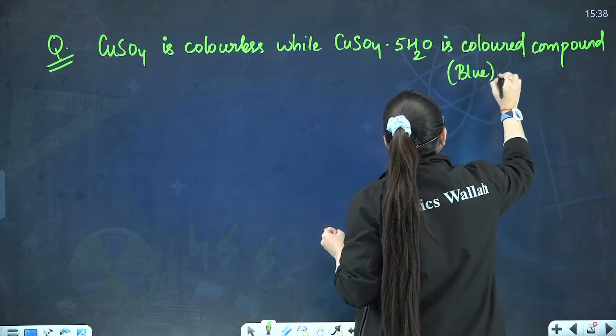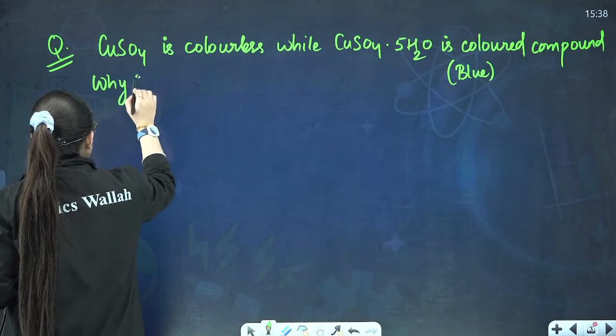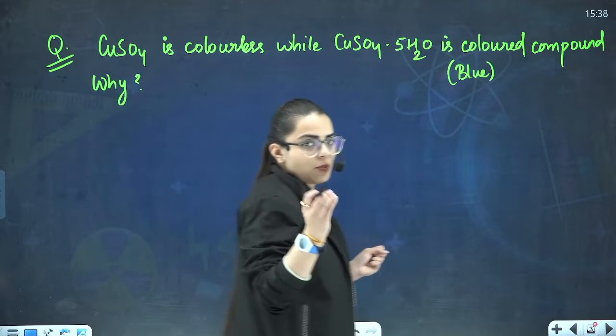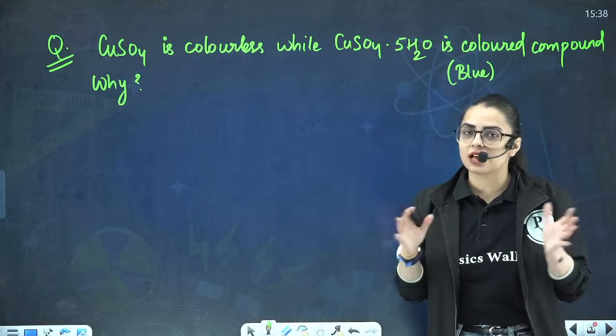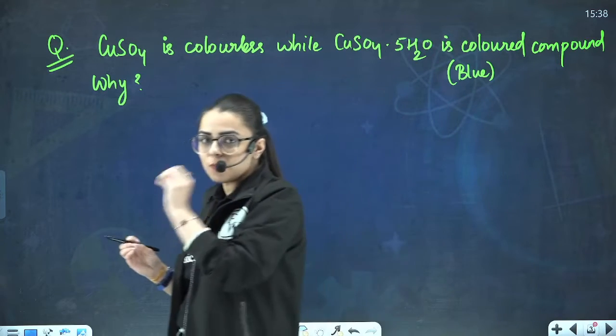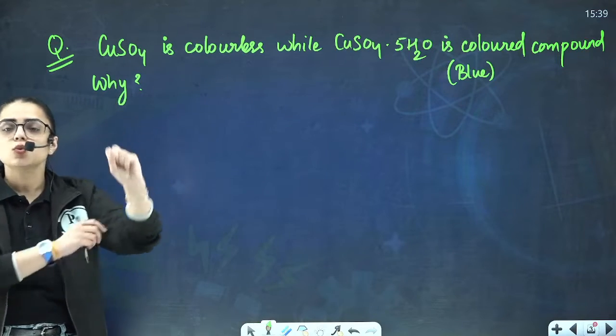So you need to tell the reason. Why is it so? My question to you all based upon the colored complexes topic is that CuSO4 is colorless, while CuSO4·5H2O is a colored compound, blue in color. So what is the reason behind it?